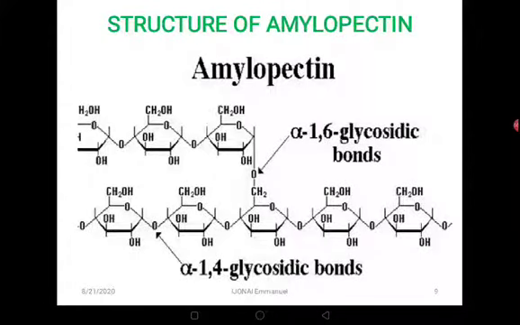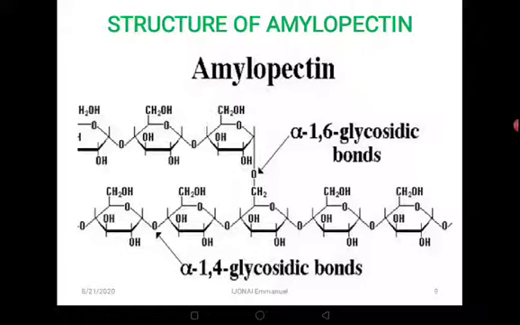And then in the case of amylopectin, you see a much more complex structure. The difference between the two is that amylopectin is highly branched, as you can see, and also has different types of bonds. It has alpha 1,4 glycosidic bonds, but also has alpha 1,6 glycosidic bonds, the bond that forms between carbon atom 1 of one alpha glucose and carbon atom 6 of another alpha glucose.